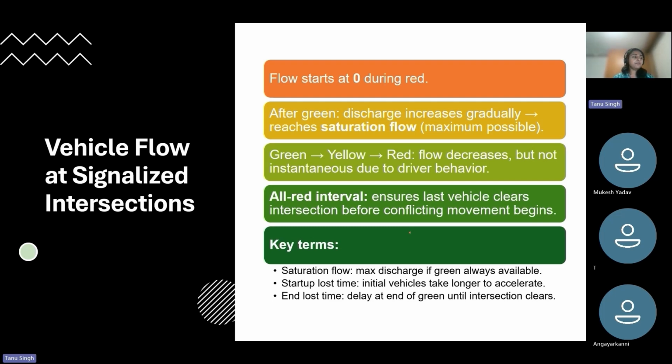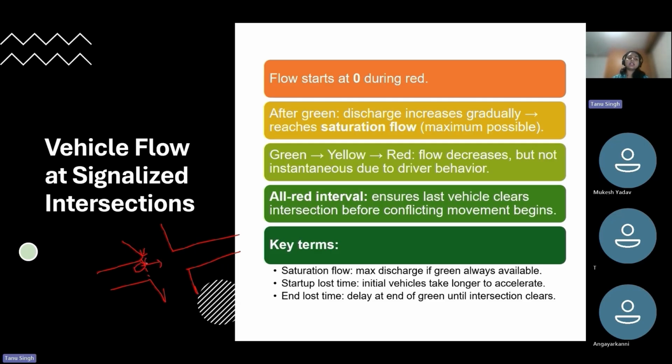Now the key terms are the saturation flow. Saturation flow is the maximum discharge if green is always available. Then startup lost time is the time the initial vehicle takes to accelerate. So in the intersection, as the traffic light turns green, there is some loss of time, in seconds, that takes place before the initial vehicle starts moving.